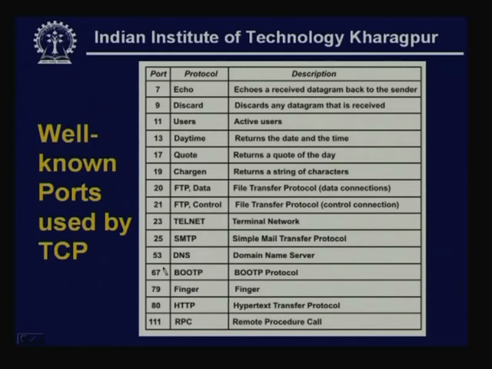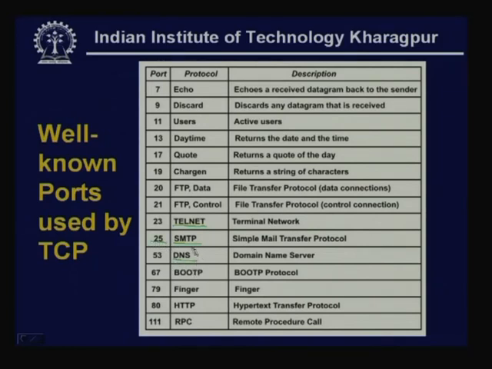So, the TCP also has a number of well known ports. As you can see, port number 7 is used for echo, 9 for discard, and as we shall see, there are several other applications. Telnet has a well known port, and Telnet is used for remote login. Then SMTP, simple mail transfer protocol, which is used for mail transfer, has the well known port number 25.